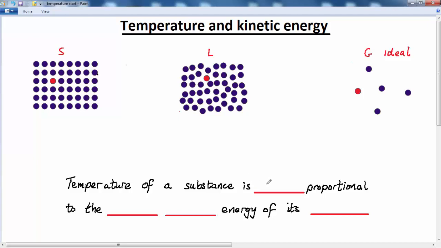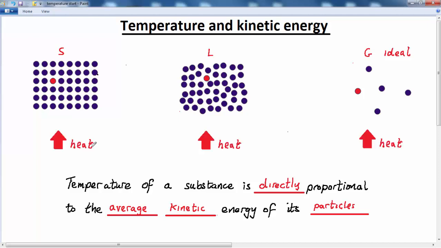The temperature of a substance is directly proportional to the average kinetic energy of its particles. So if I add energy to either of these solid, liquid or gases, for example simply by heating them up or adding heat, I will increase the average kinetic energy of the particles in each, and that will result in an increase in temperature.